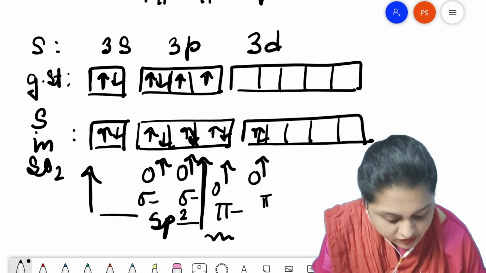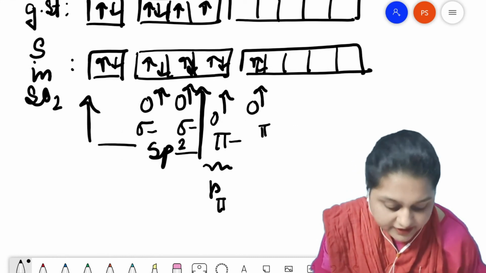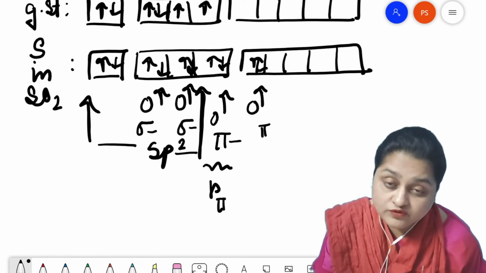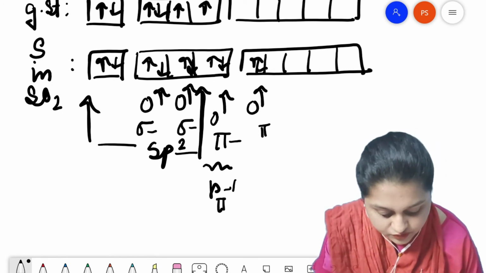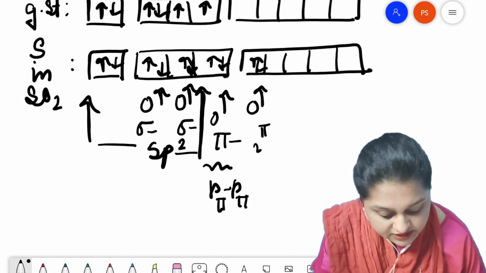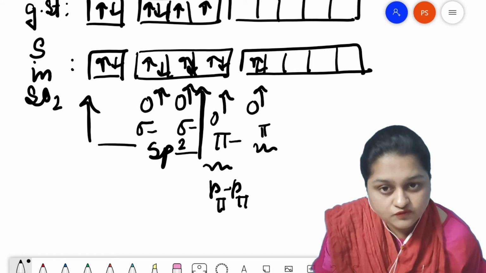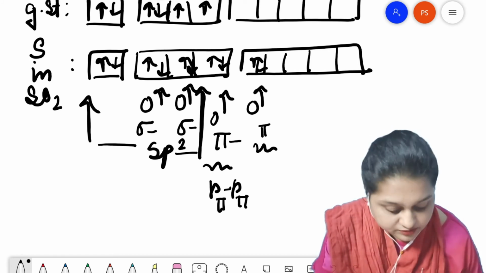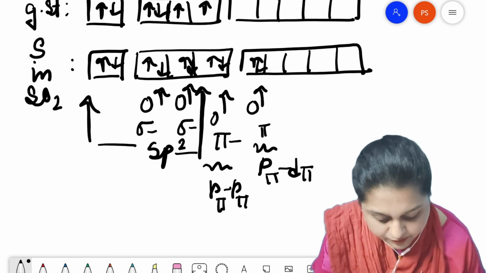This pi bond will be formed by the overlapping of the p orbital of oxygen with the p orbital of sulfur. So this is a p pi p pi bond, and this one will be formed by the overlapping of the p orbital of oxygen with the d orbital of sulfur. So this is a p pi d pi bond.